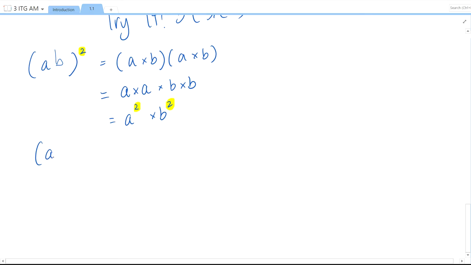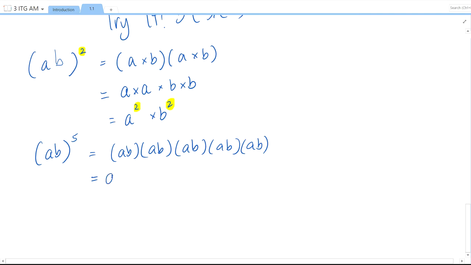So let's say we have ab to the power of 5. Okay, this gives us ab, ab, ab, ab, ab. Expanding it out, we can get rid of all the brackets, replace them with multiplication. Then we group all the same constants together. We have a to the power of 1, 2, 3, 4, 5. Okay, a to the power of 5 multiplied by b to the power of 1, 2, 3, 4, 5.